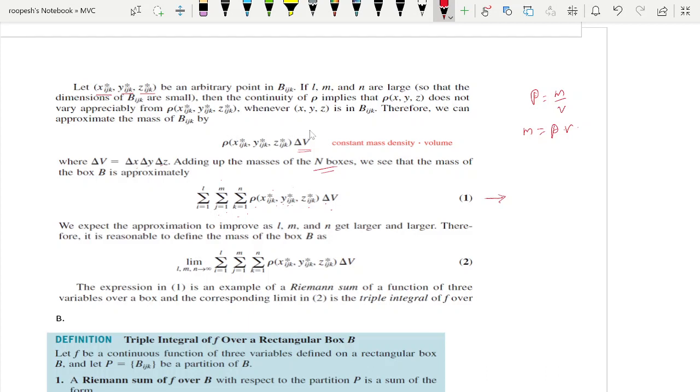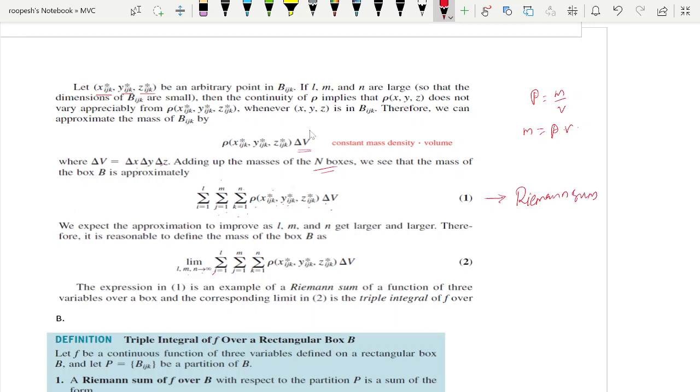To get a better approximation, L, M and N should be very large. That means as L, M, N tend to infinity, this summation is called the Riemann sum. So equation 1 is an example of a Riemann sum.